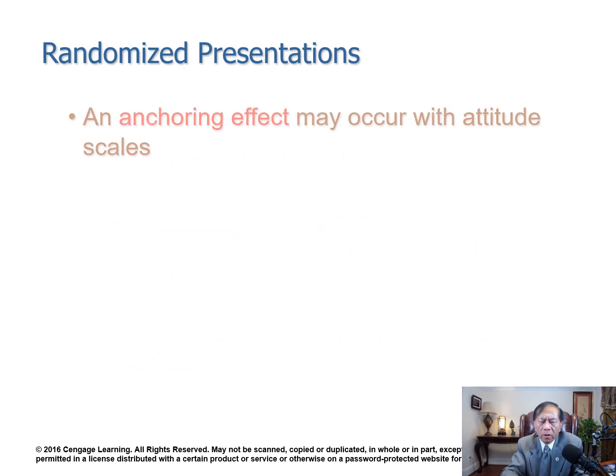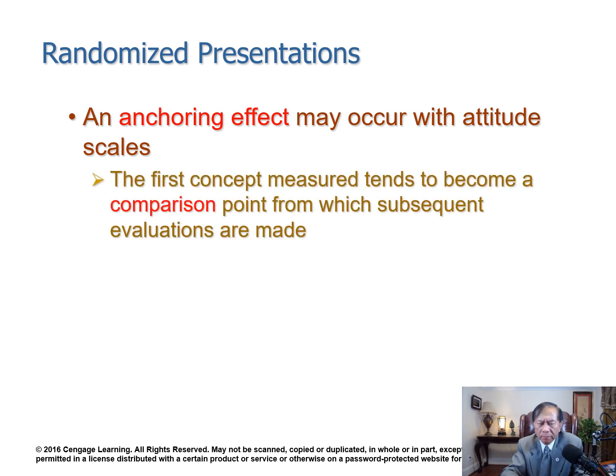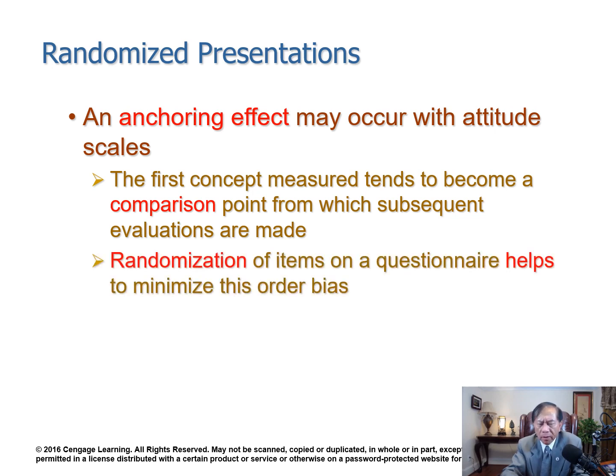Randomized presentations. An anchoring effect may occur with attitude scales. The first concept measured tends to become a comparison point from which subsequent evaluations are made. That's what we call the anchoring effect.